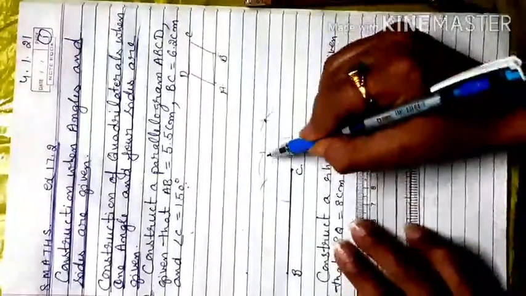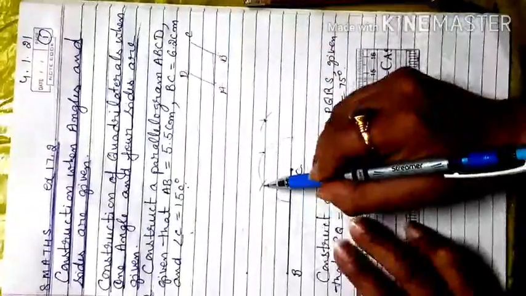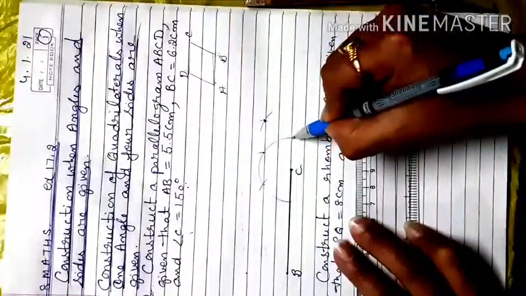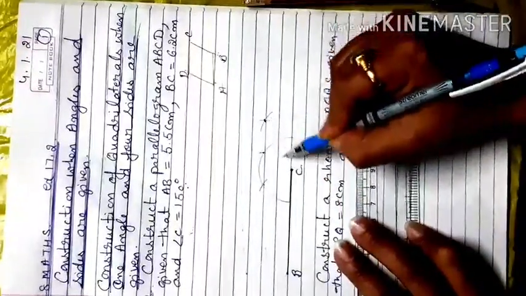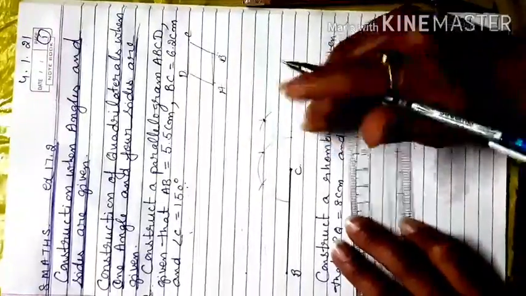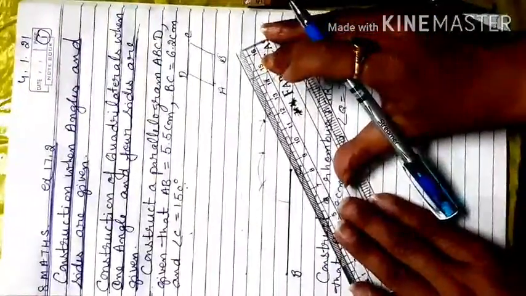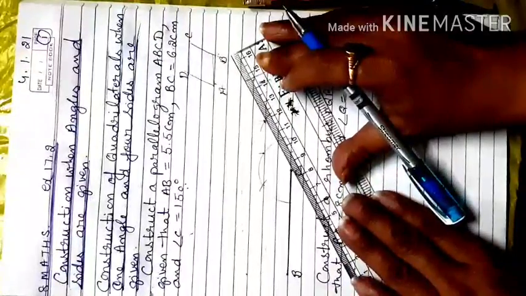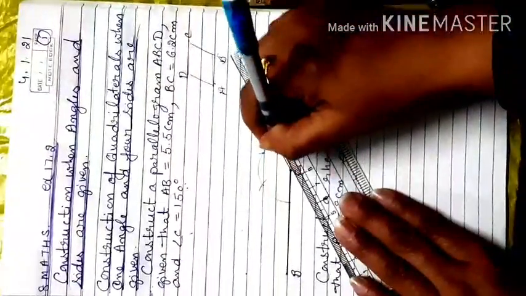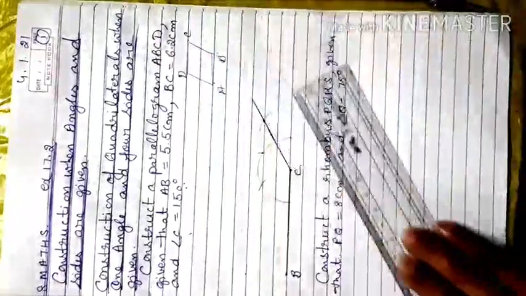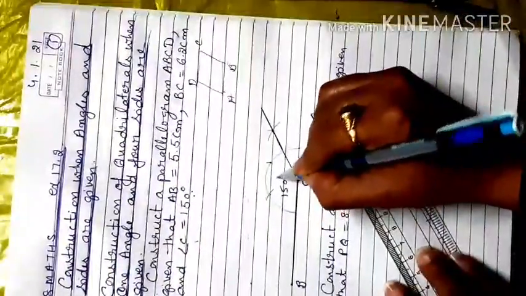Up to here is 120, this is 60, 120 plus 60 is 180. When you take the half between 120 and 180, 120 plus 30 gives you 150. So I join that. This is 150 degree.